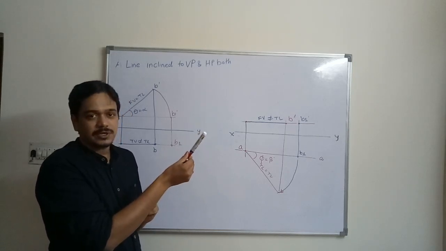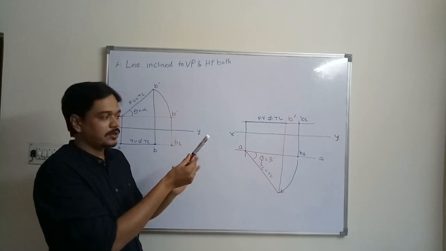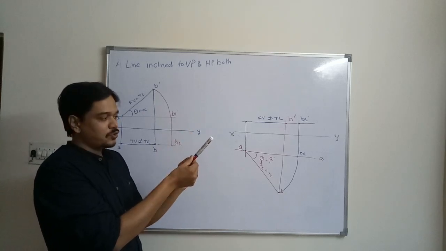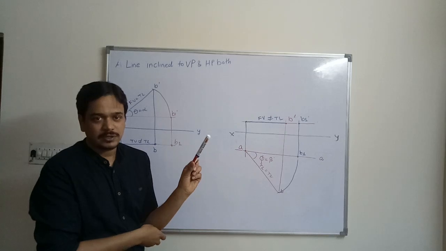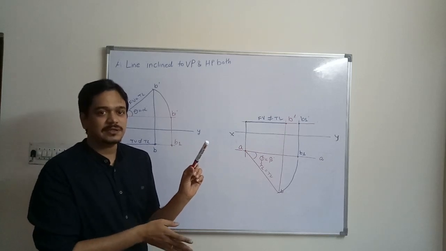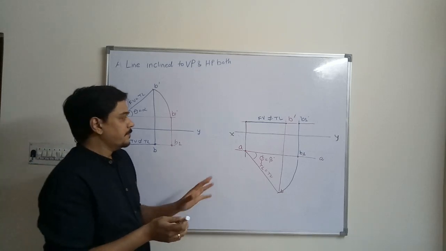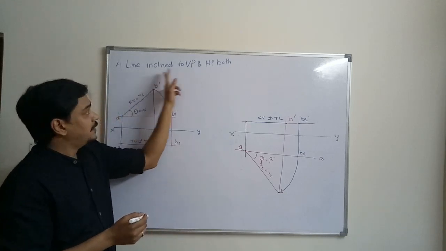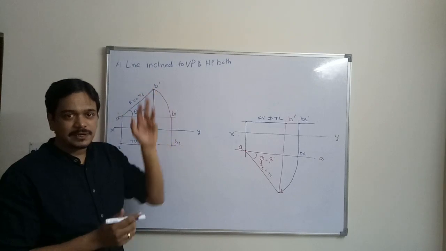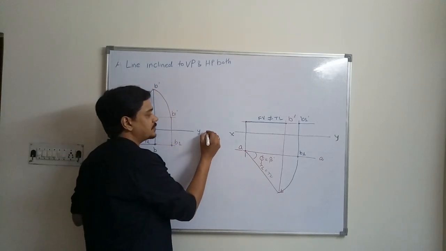Means now the line is neither parallel to HP nor VP. So in this case, how to find out the true length? Because true length will not be seen in any of the views, that is neither front view nor top view. So this condition will be basically the addition of these two.